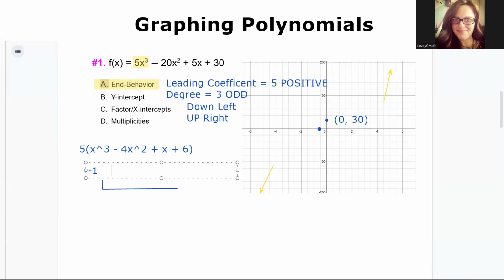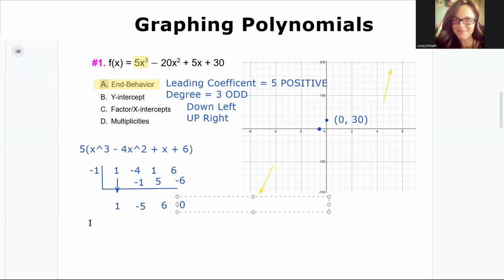And we have our coefficients. Synthetic division will bring down the first number, multiply -1 times 1, and add. Multiply and add. Multiply. And we do get a remainder of 0 as expected.